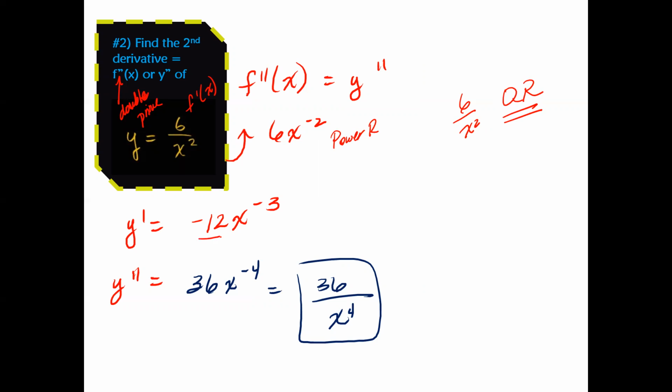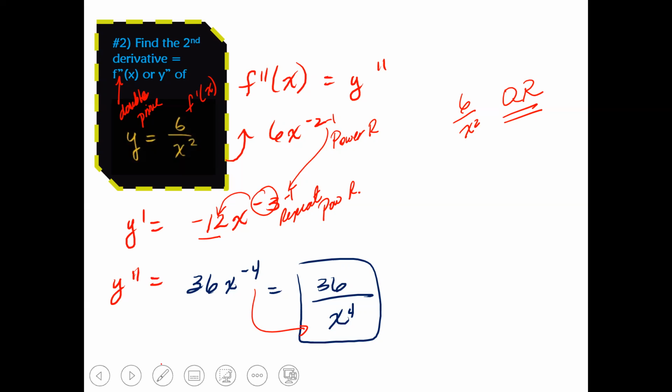You get negative 12 x, minus the 1, which gives you a negative 3 exponent. And that's the first derivative. Then you just repeat the power rule again, bringing down the negative 3 to the negative 12, subtracting the 1, and then modifying this algebraically by bringing the x to the negative 4 down, and that will be your answer to the second derivative.